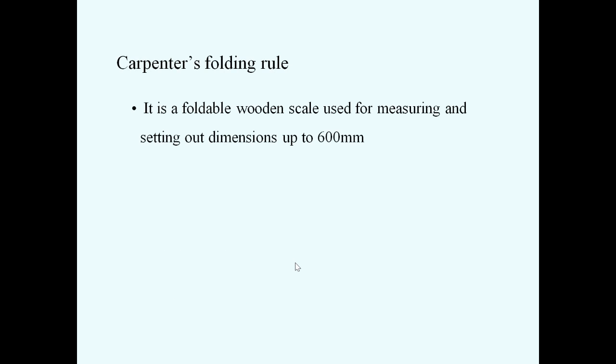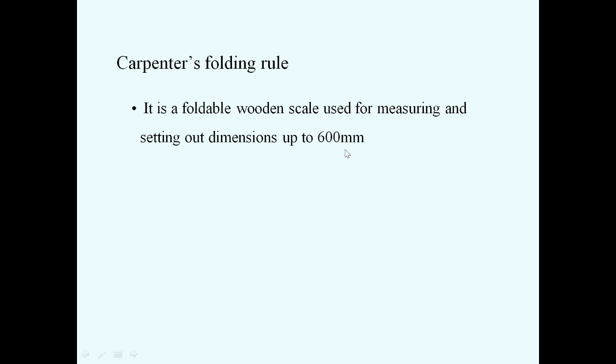Okay, so carpenter's folding rule. There is a folding rule to measure or to draw some dimensions. It is a foldable wooden scale used for measuring and setting out dimensions up to 600 mm.